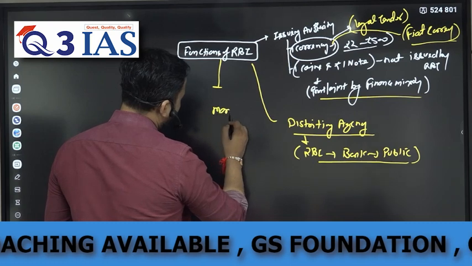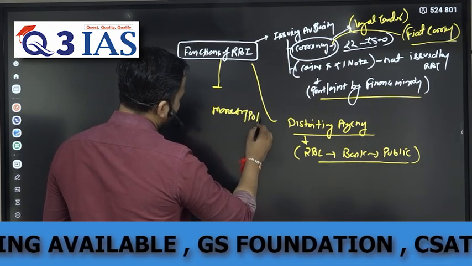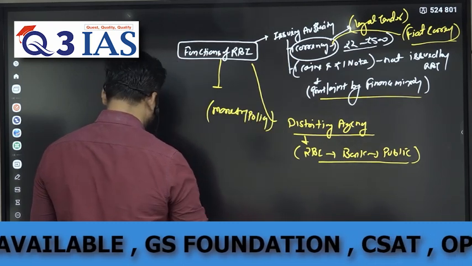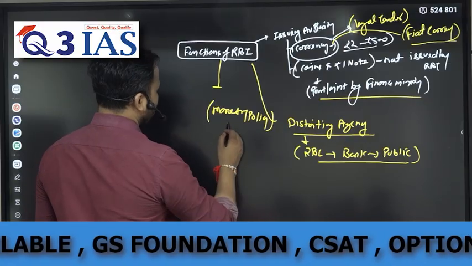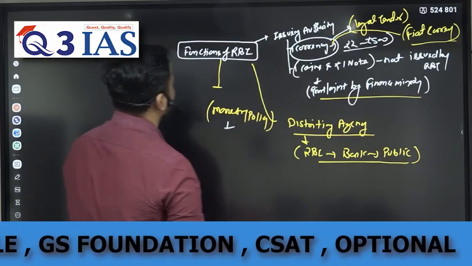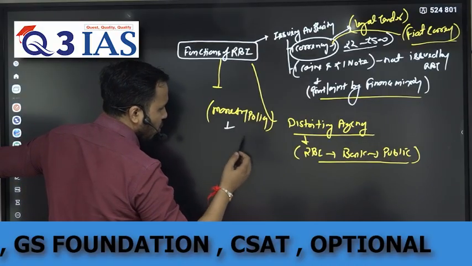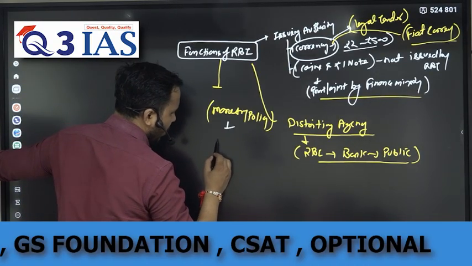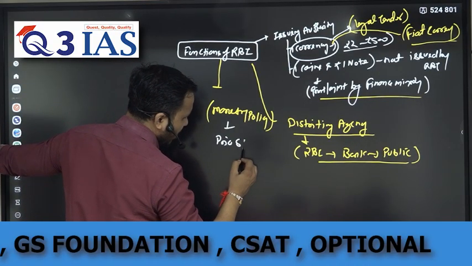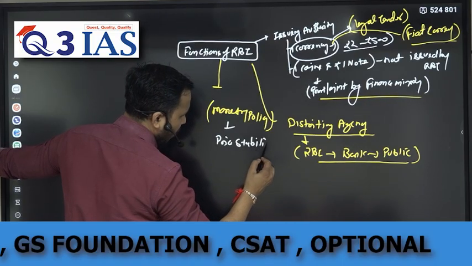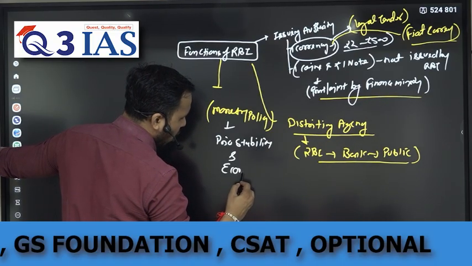Second is monetary policy. Monetary policy is prepared and announced by the RBI. Monetary policy is responsible for maintaining price stability and economic growth.